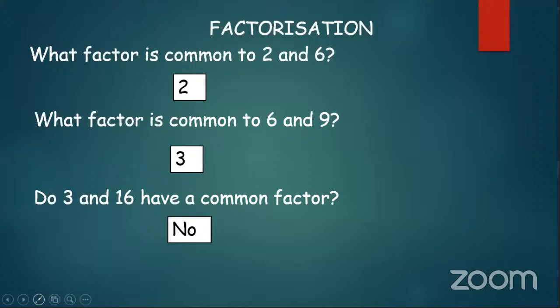So when we are considering common factors between two numbers, we don't include the 1, because 1 is common to every number. Is that okay? Okay.